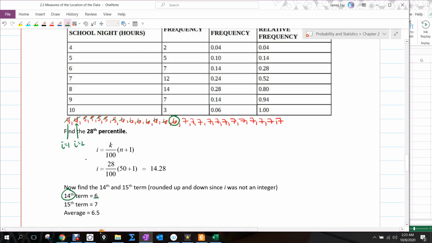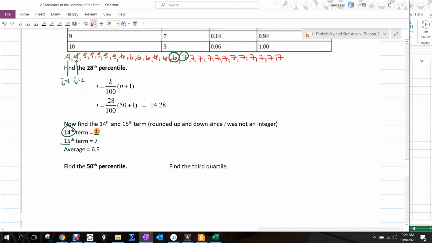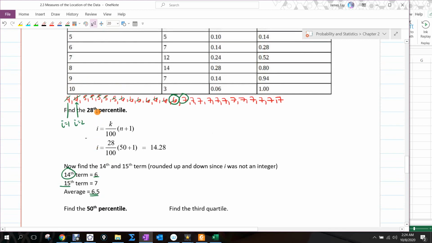You see that 6 was the 14th term. The 15th term is that one, so 7. So 6 and 7 are the 14th and 15th terms because i was a decimal. Now we average those, and that ends up being 6.5 as the 28th percentile.